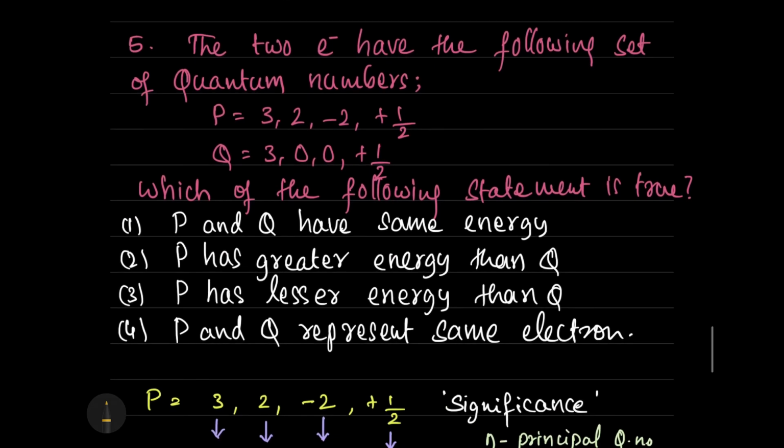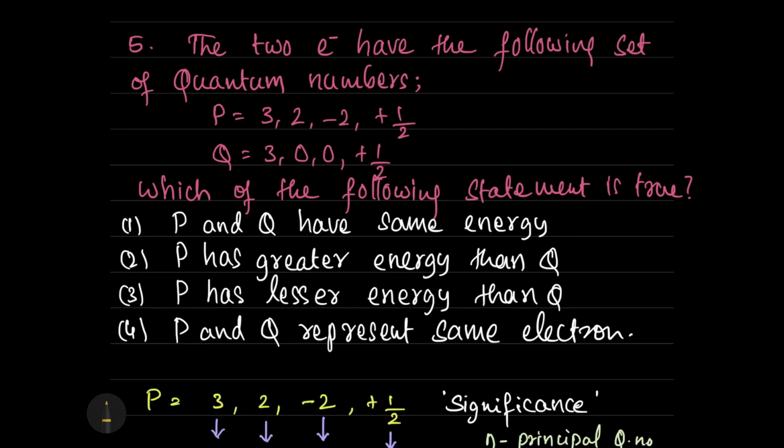Let's go with the fifth question. Two electrons have the following sets of quantum numbers: P is equal to 3, 2, minus 2, plus half, and Q is equal to 3, 0, 0, plus half. Which of the following statements is true? Let's see the four statements.